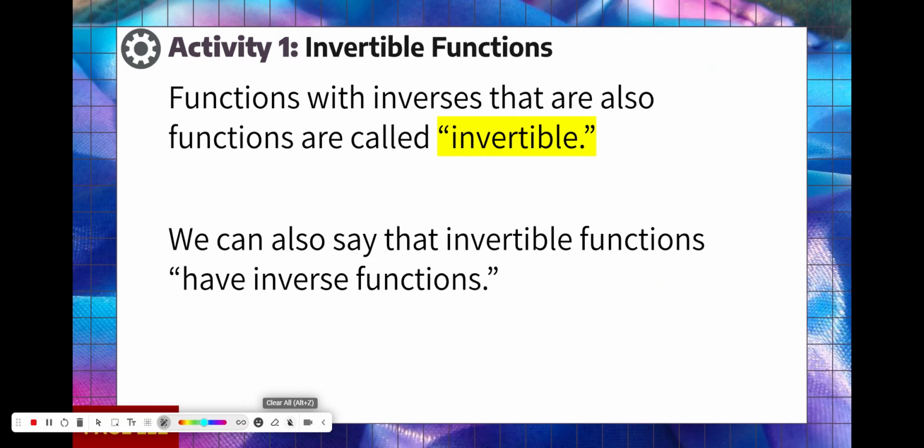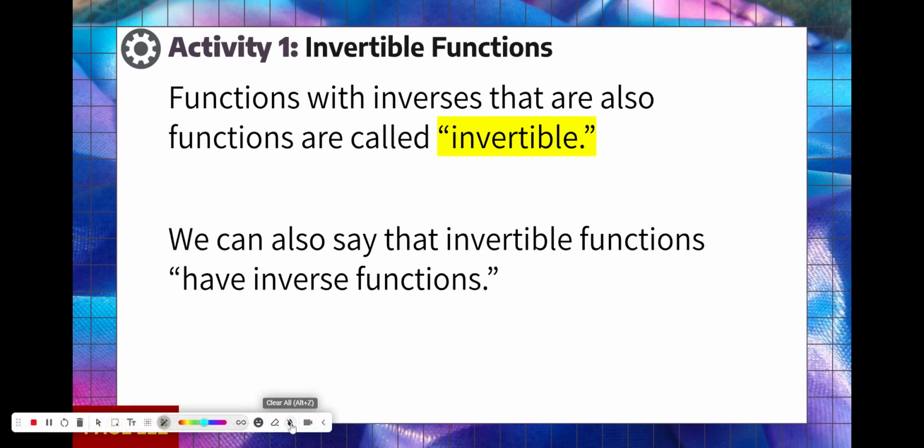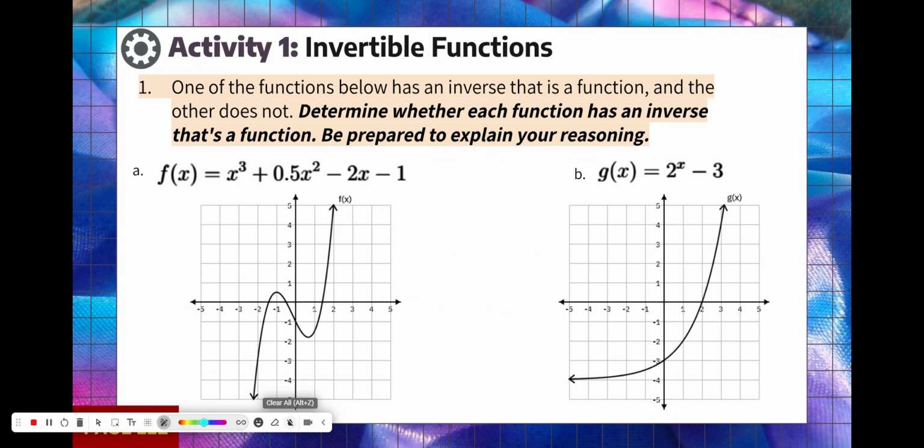Meaning, when you graph them at the beginning, the equation passes the vertical line test, and then you take the inverse and graph it and it passes the horizontal test, this is invertible. We can also say that invertible functions have inverse functions. Make sense? Alright.